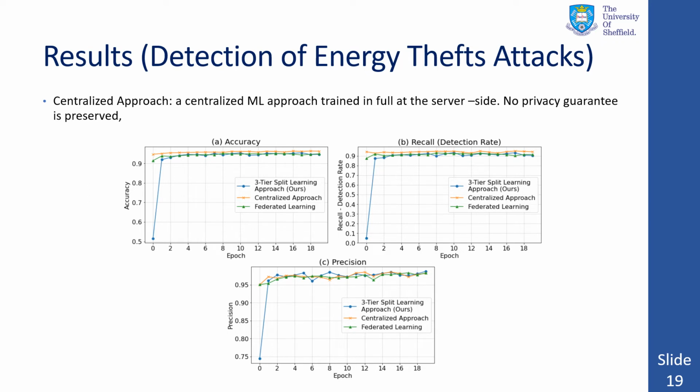What do we mean by centralized approach? It is where the machine learning resides at the server side and the processing is only done at the server side. So there is no privacy guarantee. As you can see from the results, the results are comparable and almost equal to each other in all of the 3 approaches.